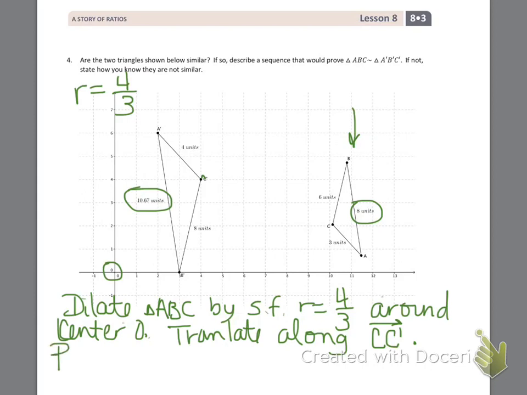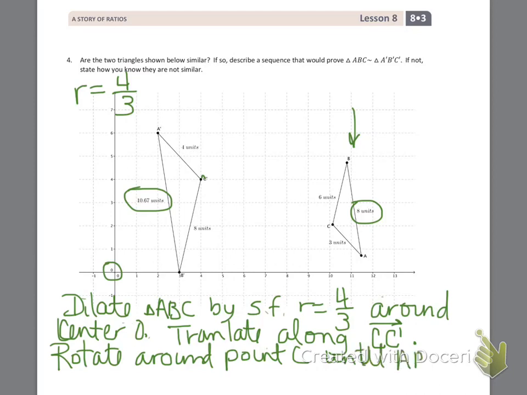I'm going to have to rotate around point C until ABC maps to A prime, B prime, C prime.